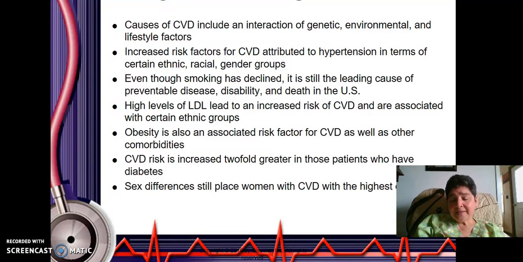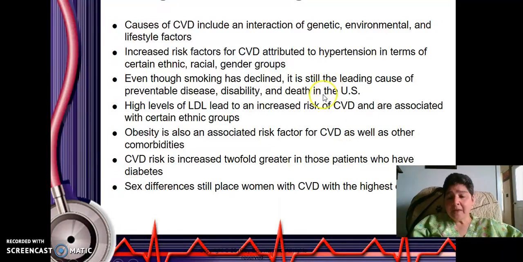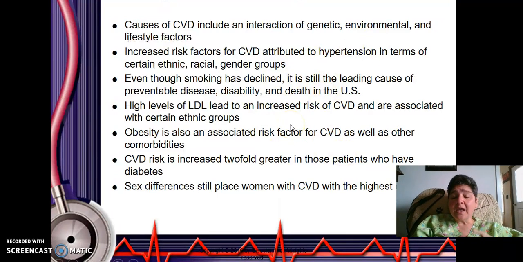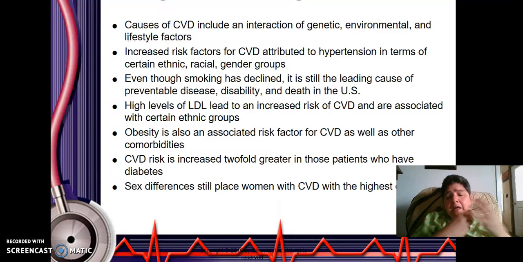Patients who have diabetes have a higher risk, and women actually have the highest rate of death associated with cardiovascular disease as compared to men. Now, I think a lot of that might have to do with the fact that for women, the symptoms and signs are very atypical of what you would expect. They don't get that excruciating, crushing pain and fall over like you see on TV. Theirs is more atypical.